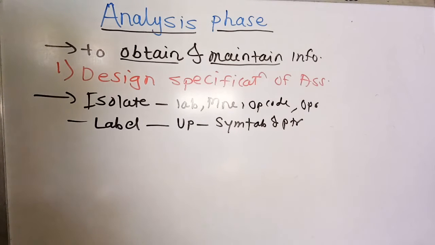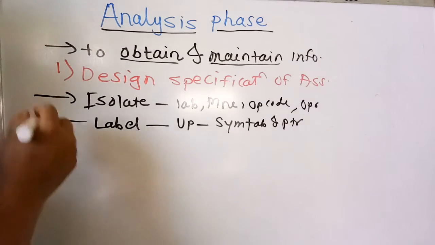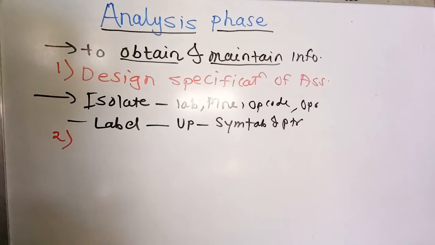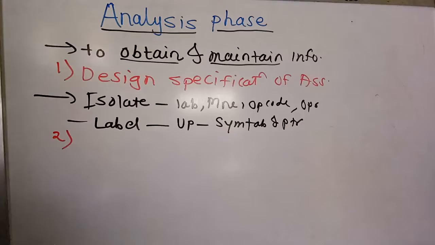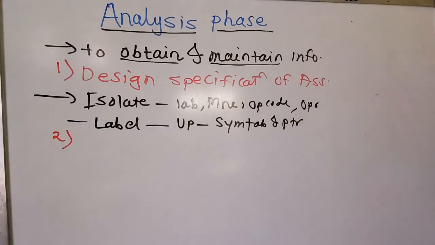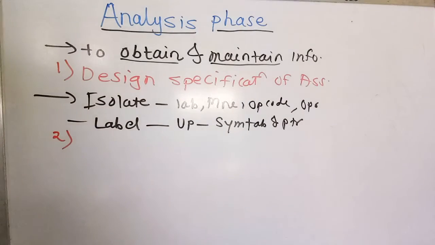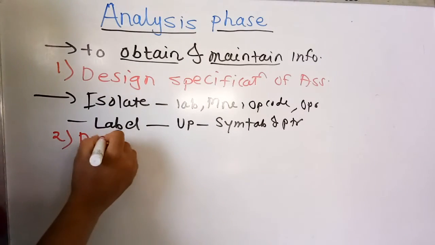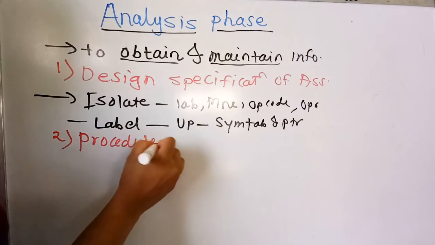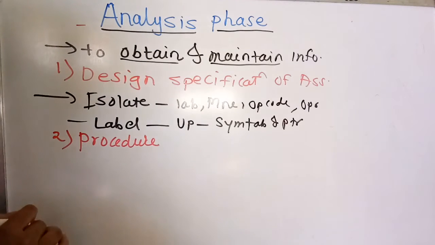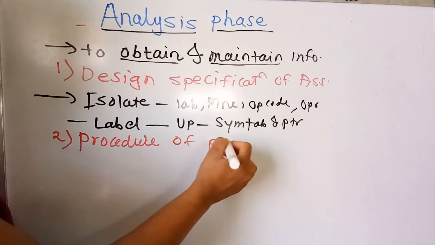Second, as you all know, the assembler can have two passes, three passes or multiple passes, means an assembler can be a one pass assembler, two pass assembler or a multi pass assembler. So what is the next step of the analysis phase? That is the procedure of pass 1.